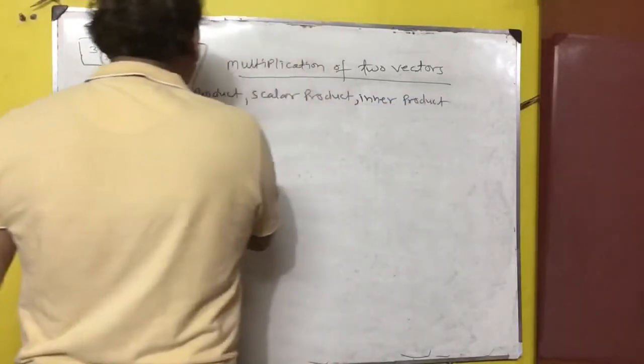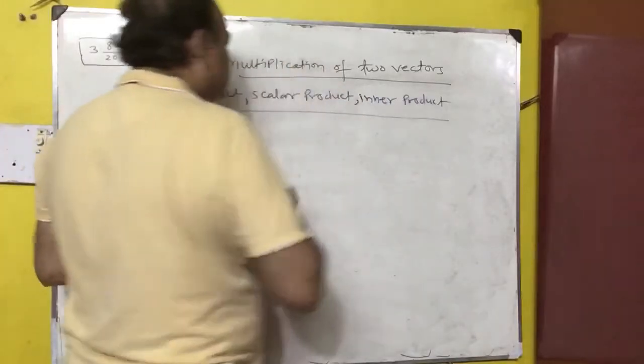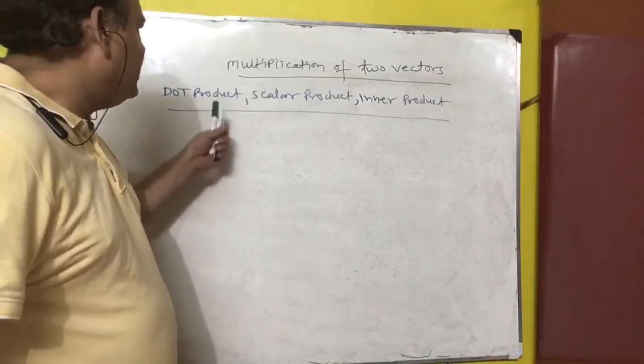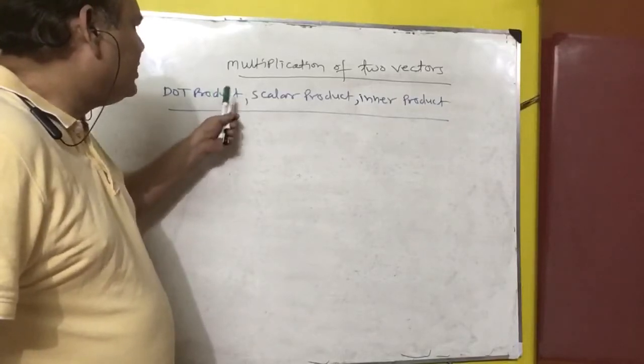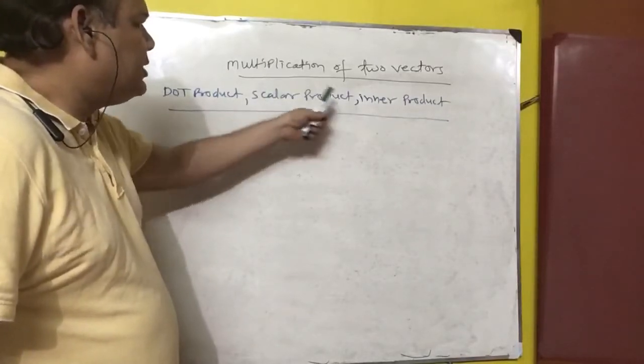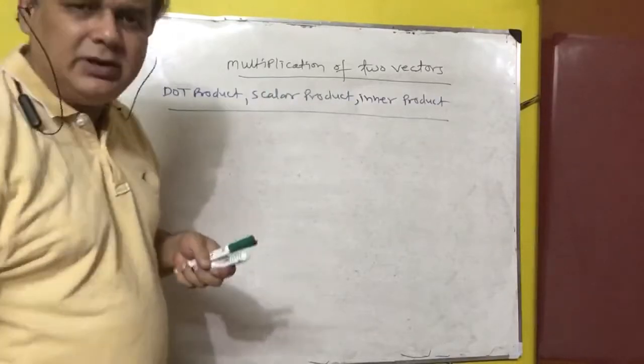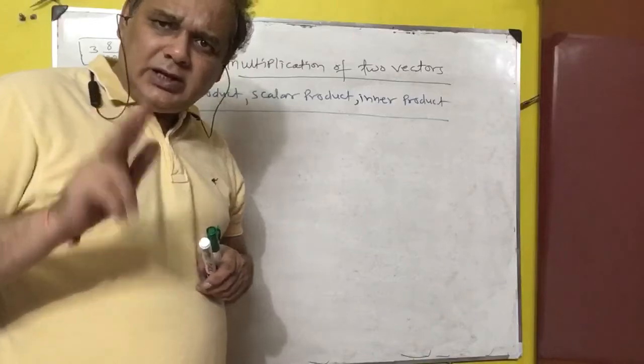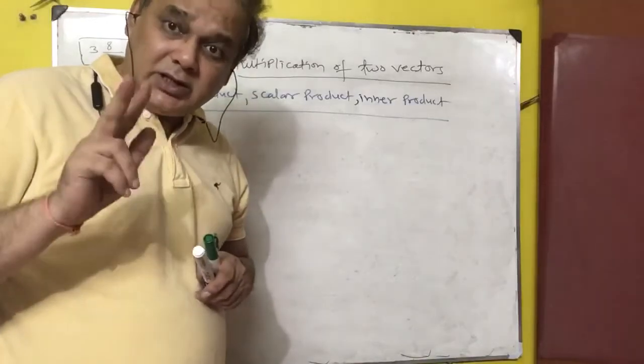Correct? So here in this definition, in this multiplication, we have a dot product or scalar product or inner product. So scalar means that if we multiply two vectors scalarly, then we will get a scalar product.